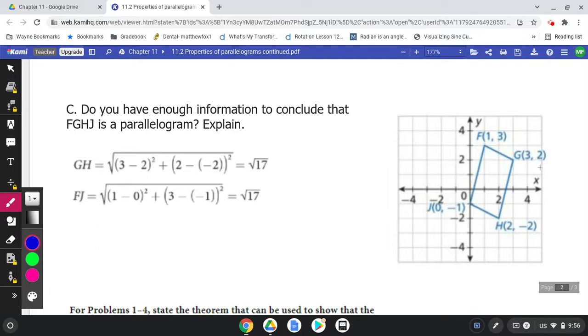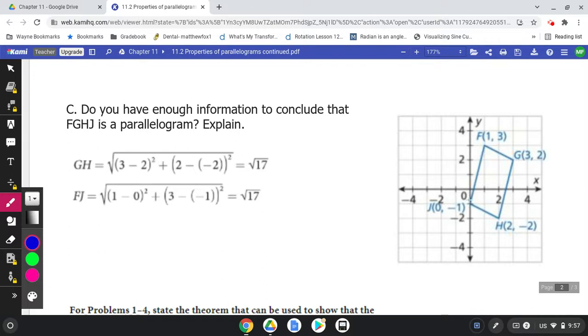So for GH, we plugged in the points 3, 2 and 2, negative 2. So 3 minus 2, the change in x, and we'll square that. And then the change in y, 2 minus negative 2, square that. If we add that together, we get square root of 17. Do the same for FJ, and that's also square root of 17.